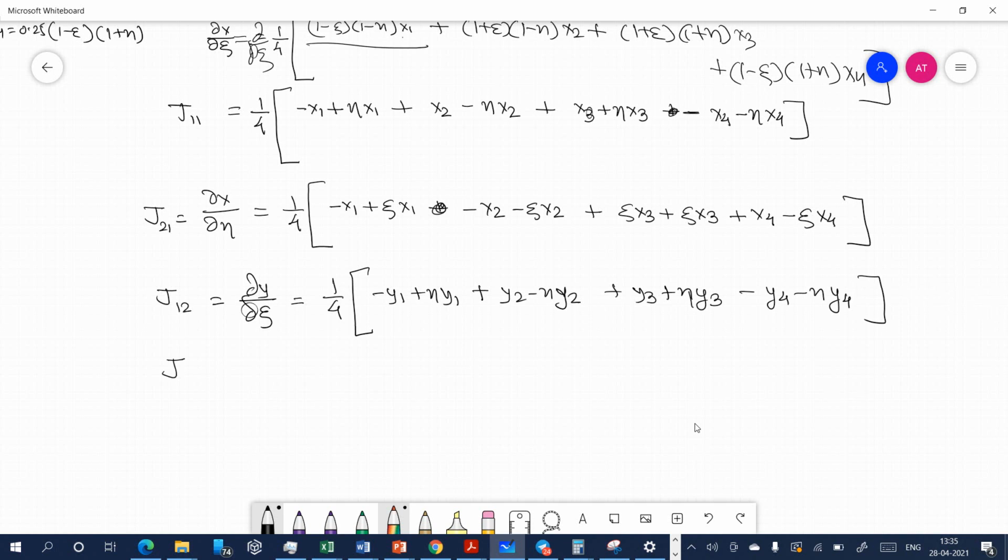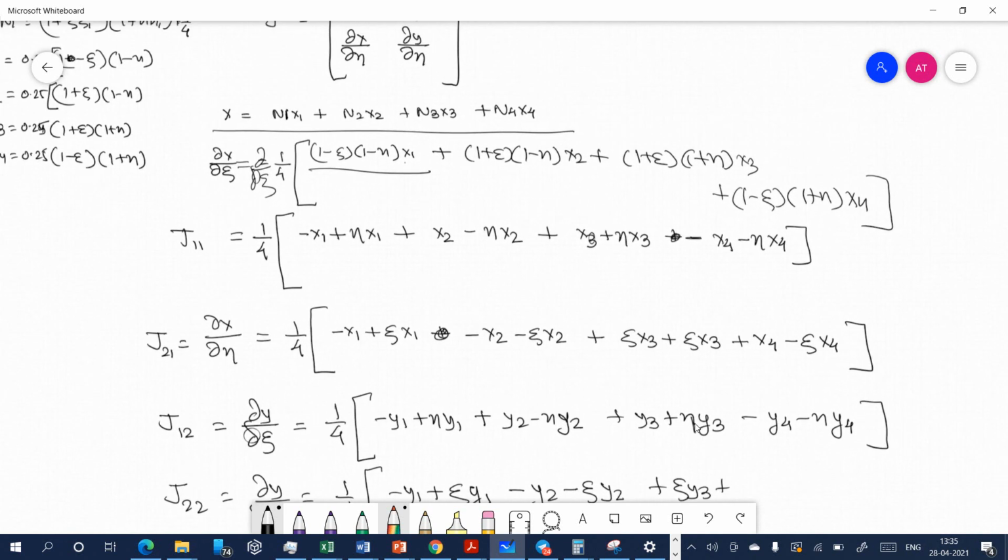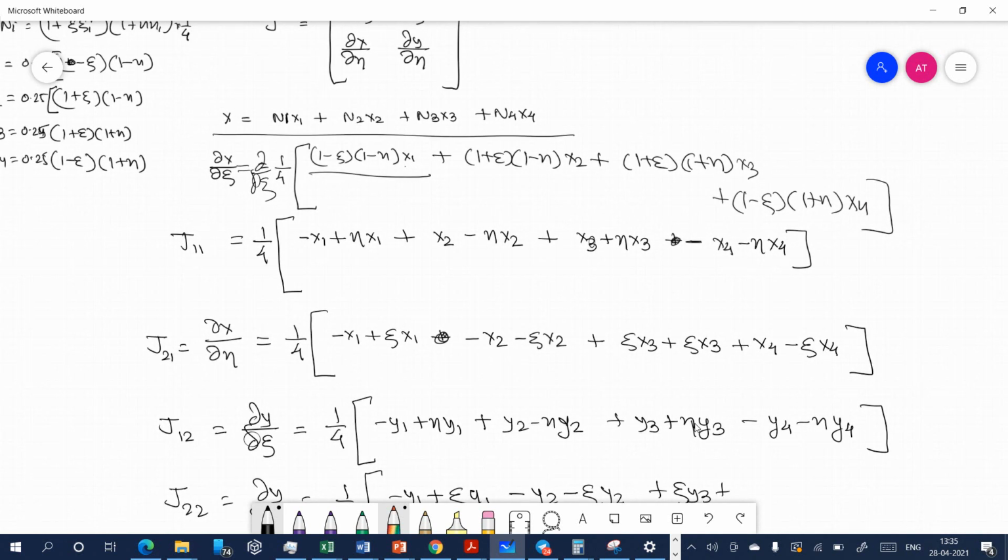and J22 will be del y by del eta, which will be equal to 1 by 4 minus y1 plus zeta y1 minus y2 minus zeta y2, oh, why do I have zeta y3 here? Here something is the problem.